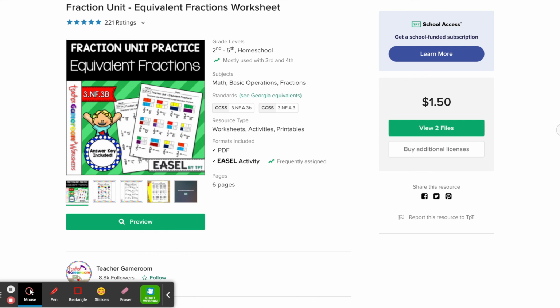They can also show what multiplication or division pattern, how they got from one fraction to the other. And this will be good of having them graduate from the concrete and go to the more abstract way of creating equivalent fractions. If you are virtual, then this will also be good because there's an easel activity where you can go through Teachers Pay Teachers, and when you buy it, your students can write on the activity. So all in all, this is a wonderful activity to end off your lesson.